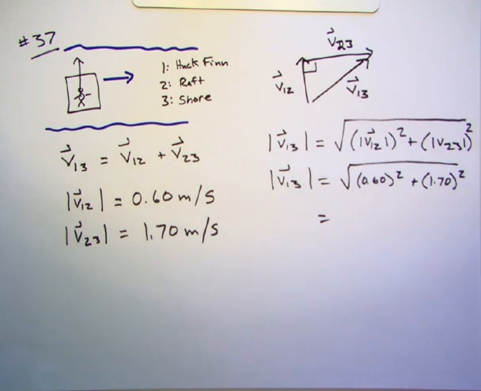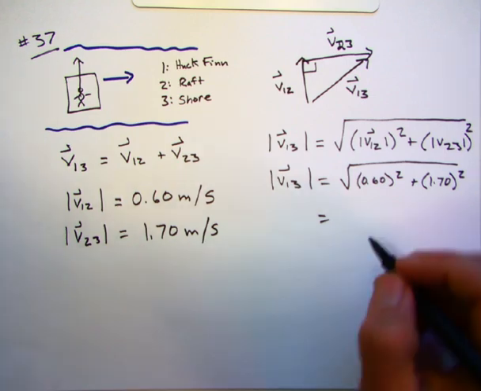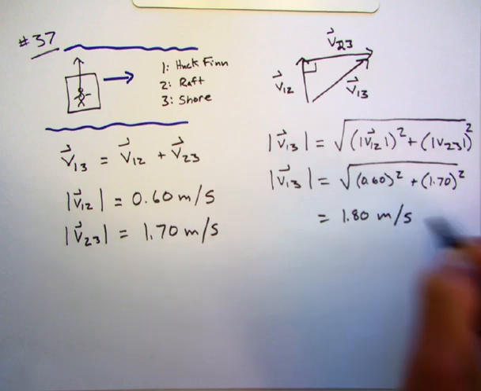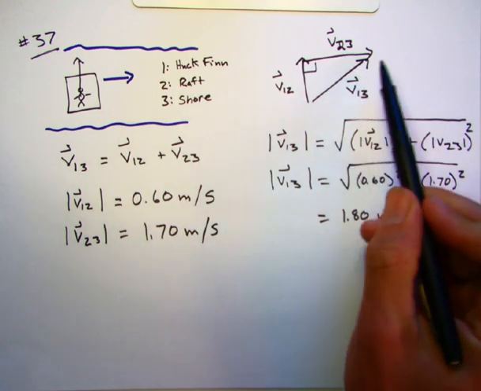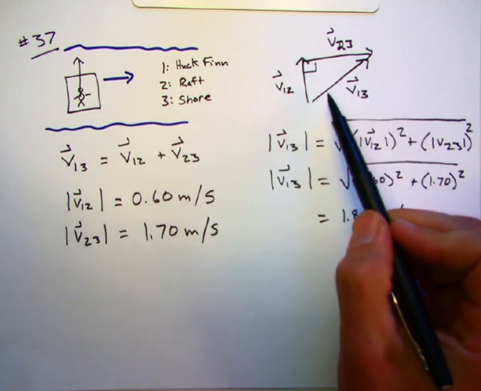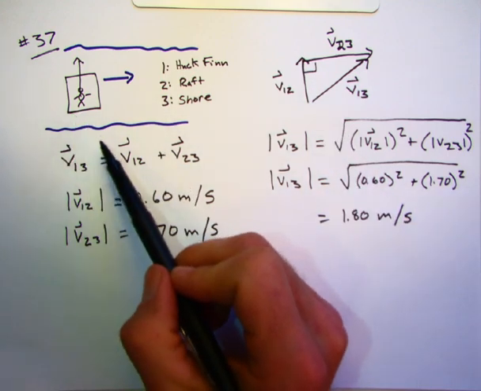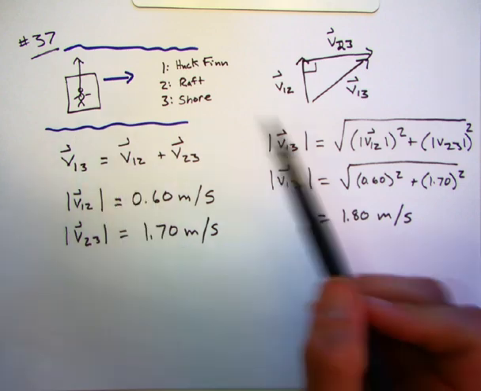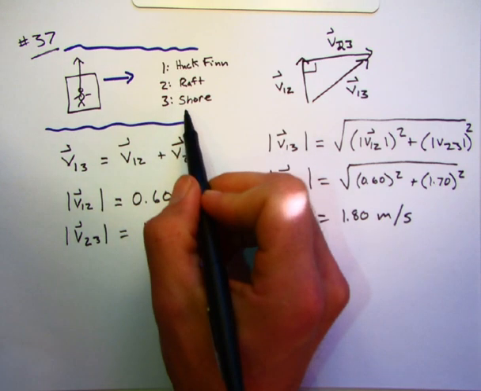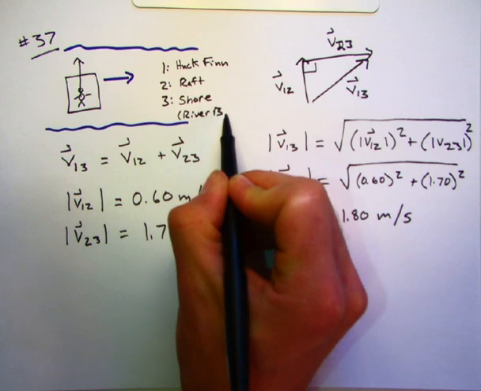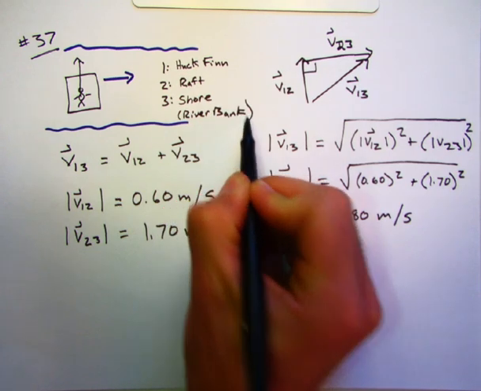If I type that into my calculator, I get 1.80 meters per second. That is the speed of Huck Finn relative to the shore, or relative to the riverbank.